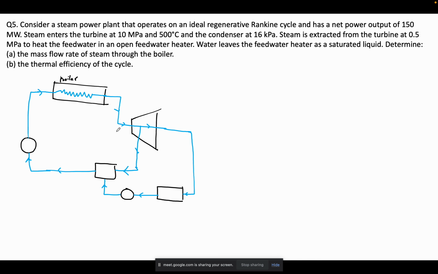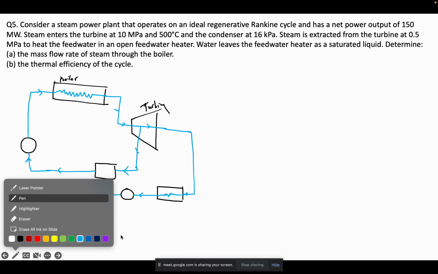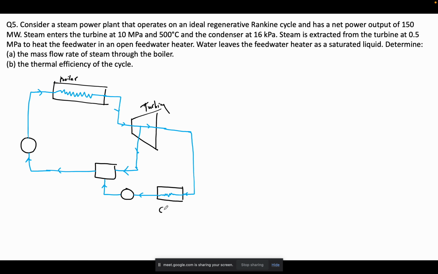Okay, so now this is my boiler, this is my turbine, this is my condenser, this is my pump 1, this is my pump 2, and this is my feed water heater.